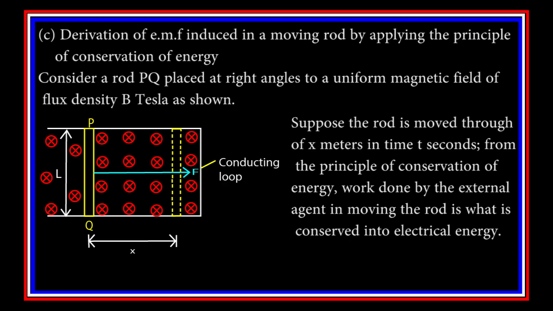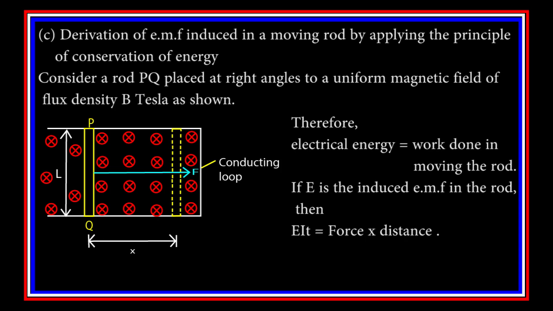Suppose the rod is moved through a distance of x meters in time t seconds. From the principle of conservation of energy, work done by the external agent in moving the rod is converted into electrical energy. Therefore, electrical energy is equal to work done in moving the rod.